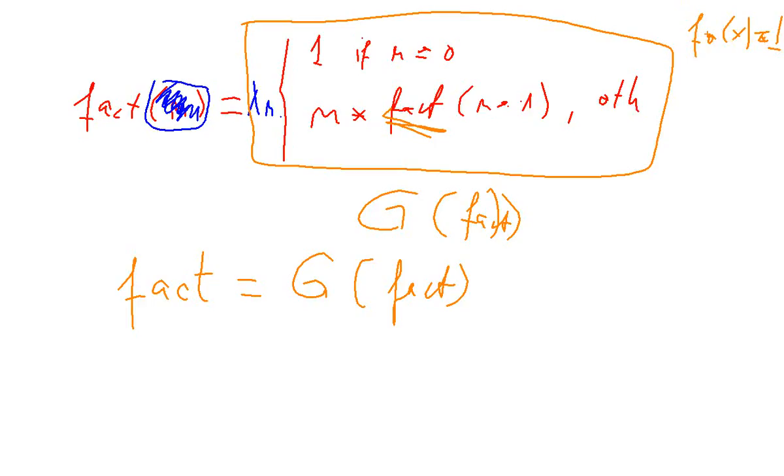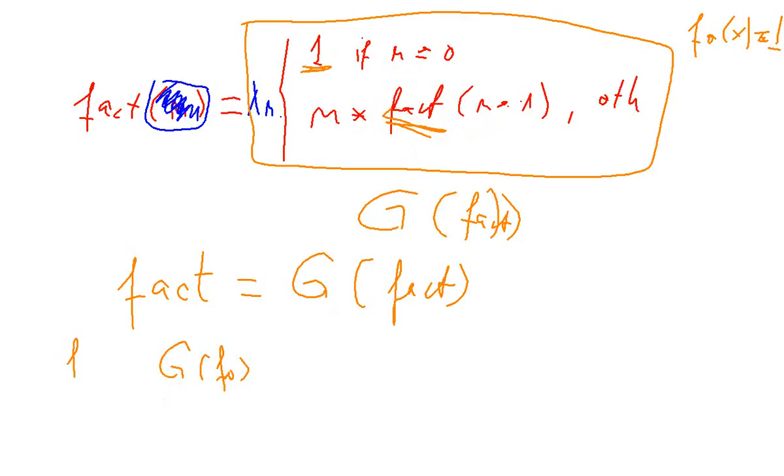If I plug this f0 into this argument, I am going to get a function that is defined in one place. So the result, g of f0, is going to be defined for n equals 0, and undefined for the rest, because that undefined function is going to be plugged here, and undefined times anything is undefined, right?